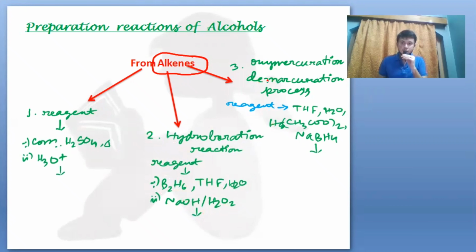Now there is another reaction that is called the oxymercuration-demercuration process. So here the reagent will be THF, H2O and Hg(CH3COO)2, then NaBH4. So let us see an example here.